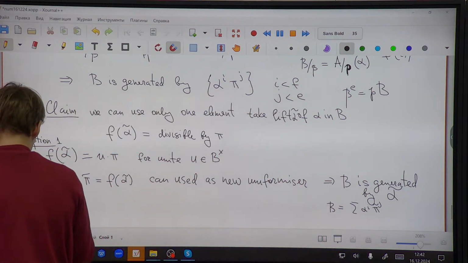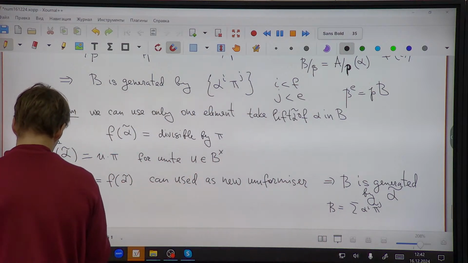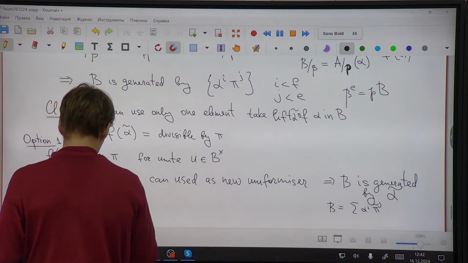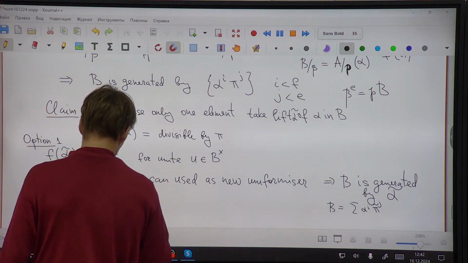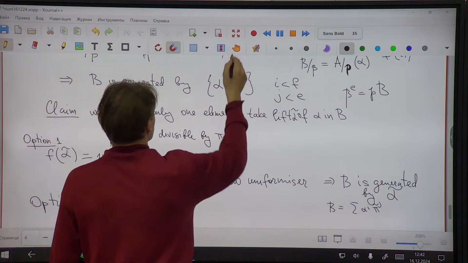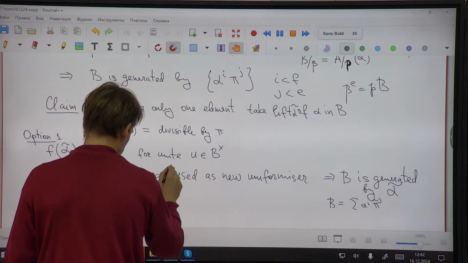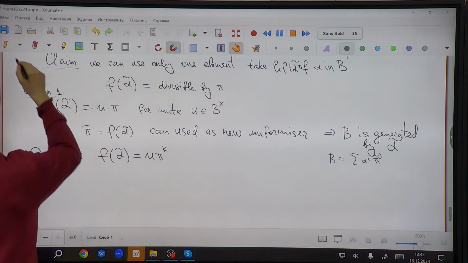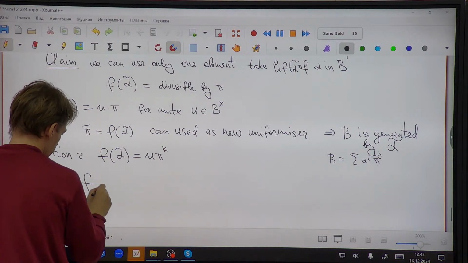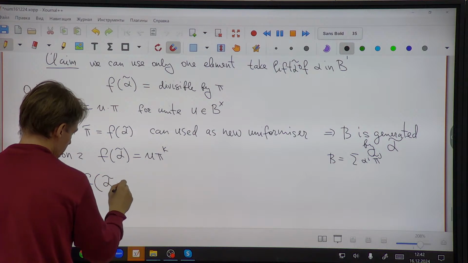And option 2: f of alpha tilde is equal to u times p to the power k, and then you can change it. The trick is that you can calculate f of alpha tilde plus pi.